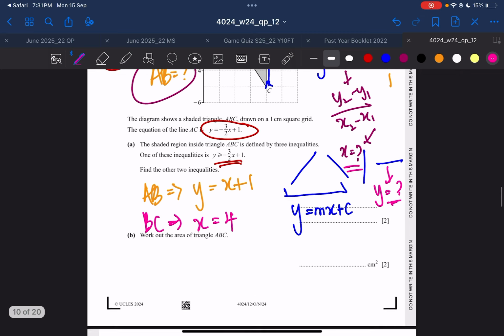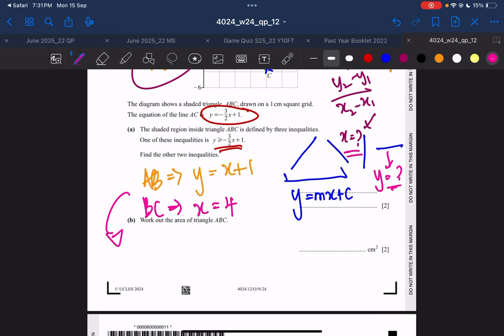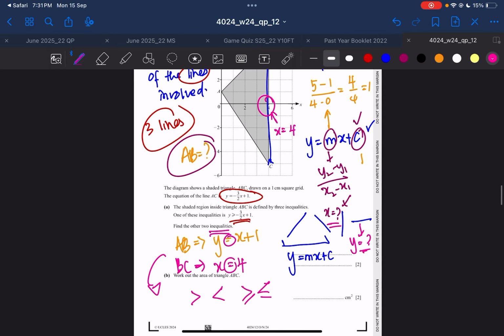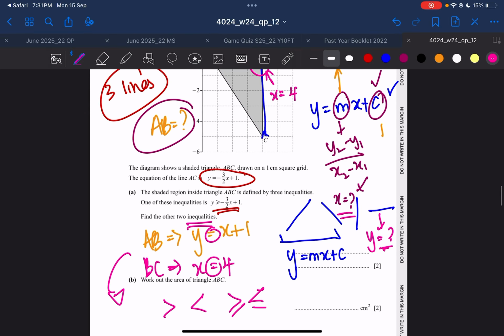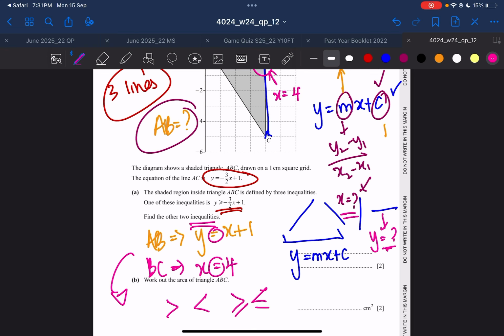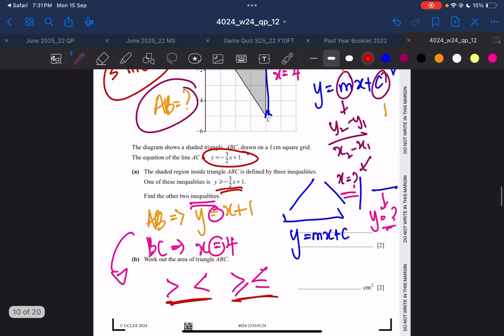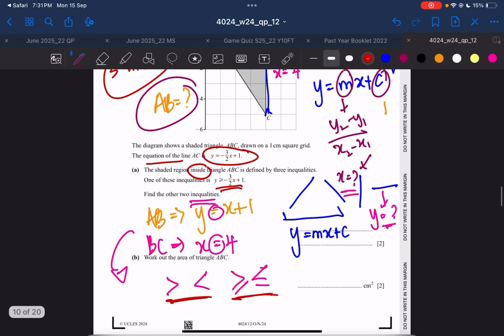Now after we got that, the question does not want an equation, it wants an inequality. So we have to think about changing this into one of these 4 inequality signs. Okay, so we have to first choose which pair we're going to use, the one with equal or without equal. How are we going to know? Basically, read the question, it says the shaded inside ABC is defined by 3 inequalities.